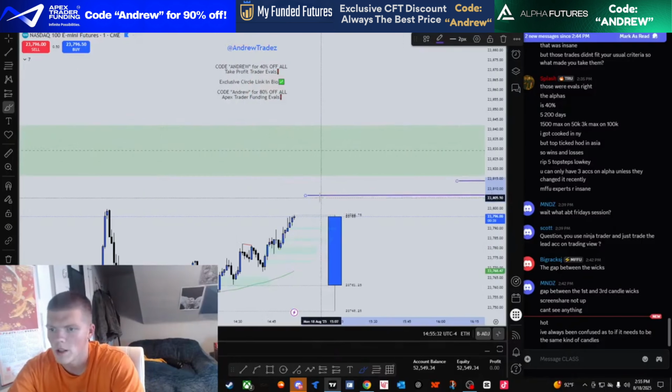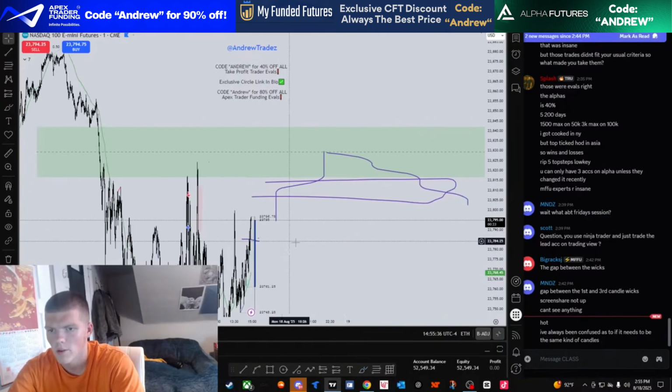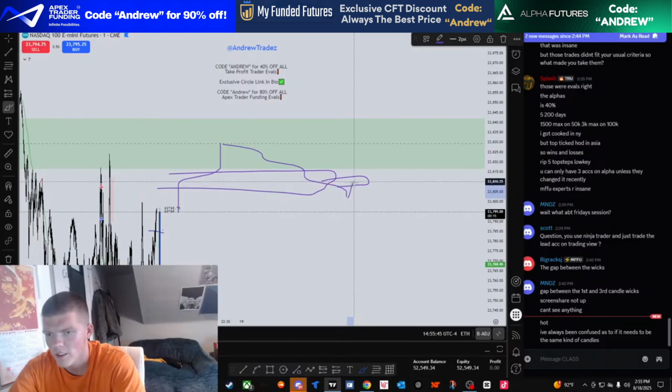So let me come into the 1 minute. Now if the 1 minute is pushing through that 1 hour gap, and then on the 5 minute, maybe there's a gap and we're rejecting that 5 minute gap and we're pushing lower, then I come all the way down to the 1 minute and I'm like, okay, I can look for a setup.